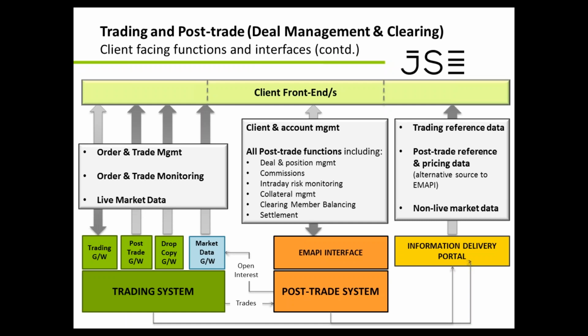Right, this diagram, I think you've probably seen it about 20 million times, but it illustrates the three silos that we have. On the very left, we've got the trading system with its gateways. In the middle, we have the IMAPI interface, and what sits behind is the post-trade system or the real-time clearing system. And on the right, the information delivery portal or IDP.